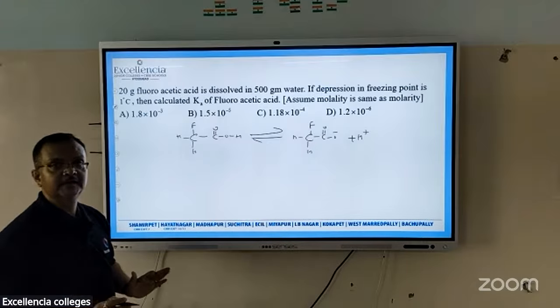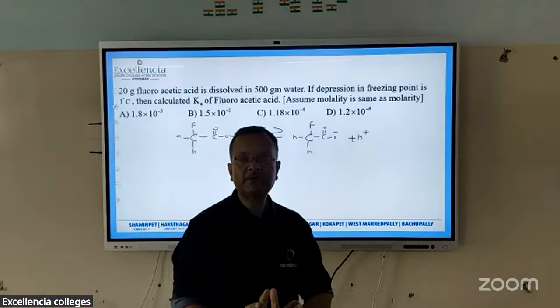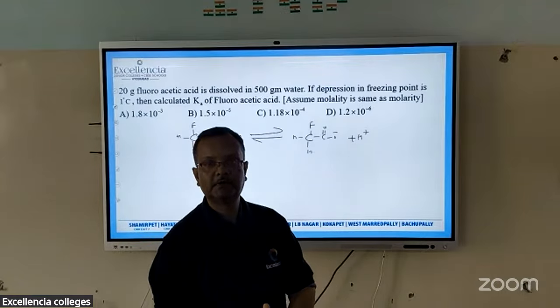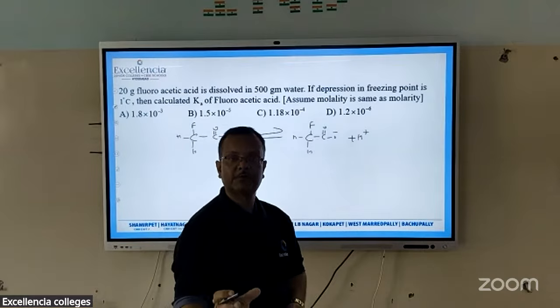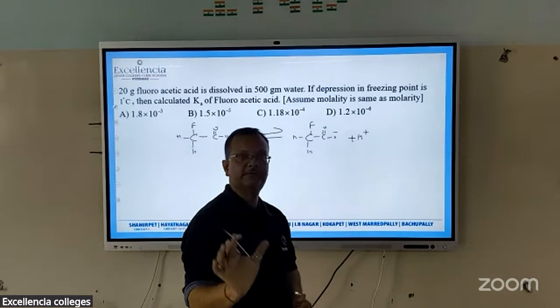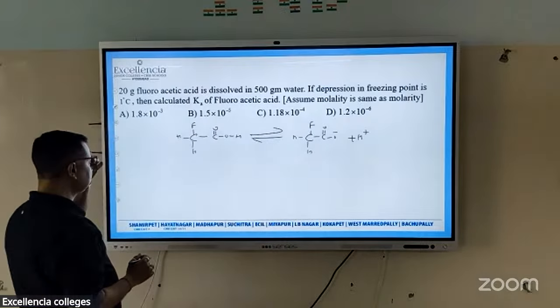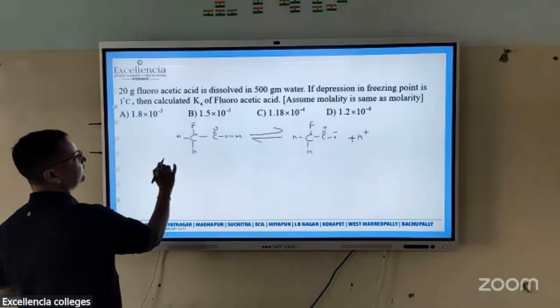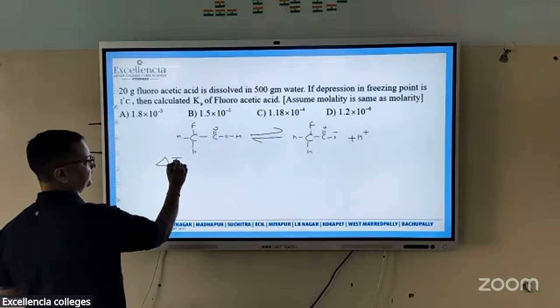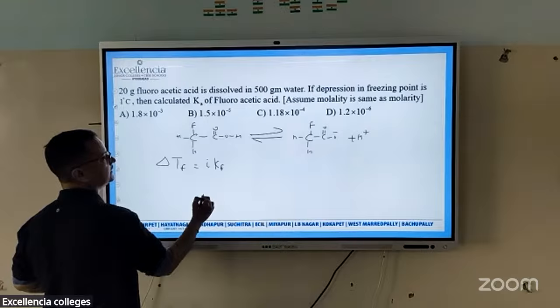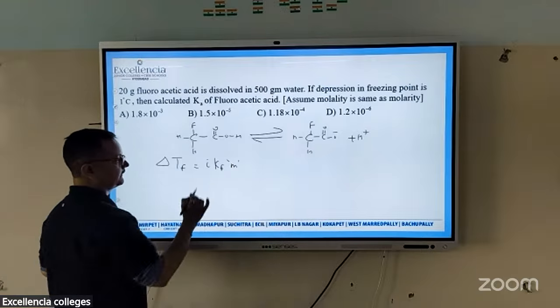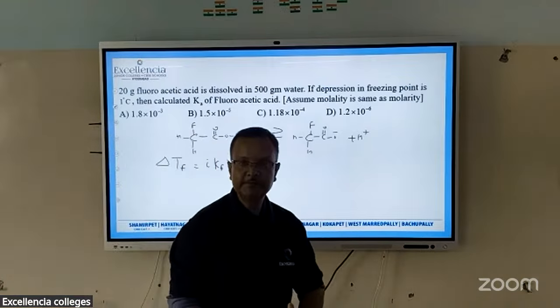Fine, very good. So first thing is that because we have taken an electrolyte which is getting dissociated, we have to apply the van't Hoff factor i. Correct? We should find that first of all. See, the depression in freezing point is equal to i into Kf into molality. So we'll go with this relation.